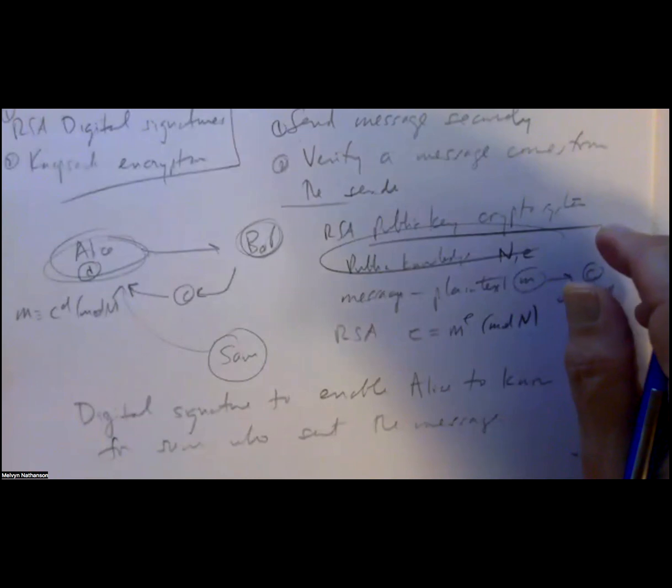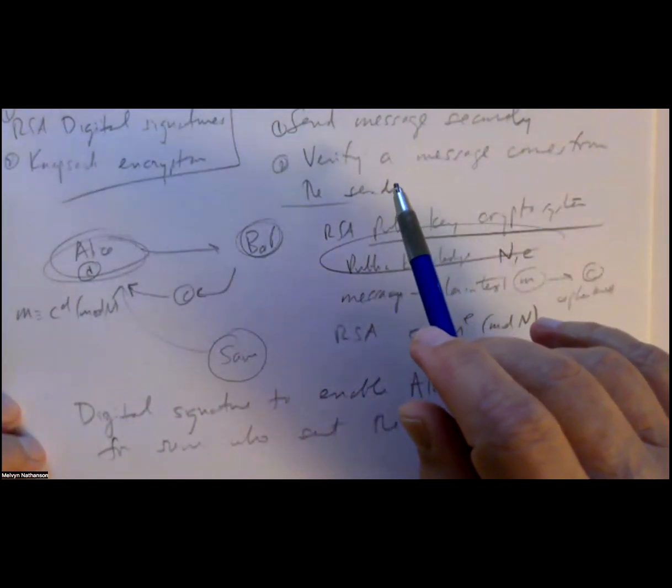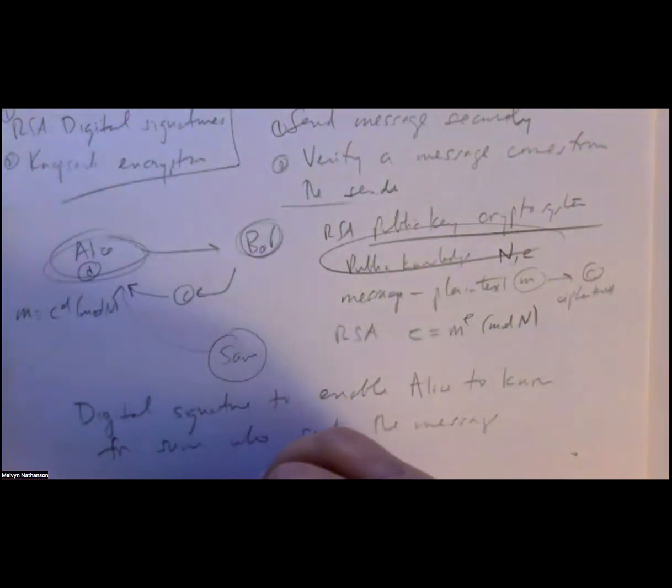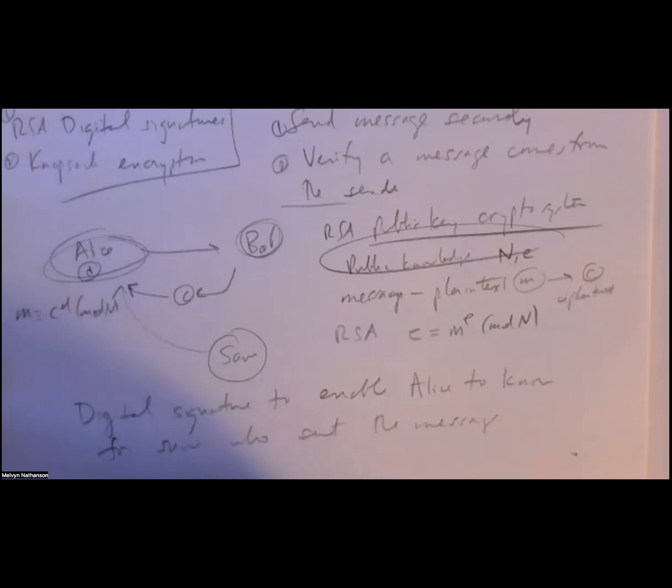And at the same time that Rivest, Shamir, and Adleman, the RSA in the name RSA, created their encryption scheme, they also created, in almost exactly the same way, a digital signature method. And that is what I'm about to explain.